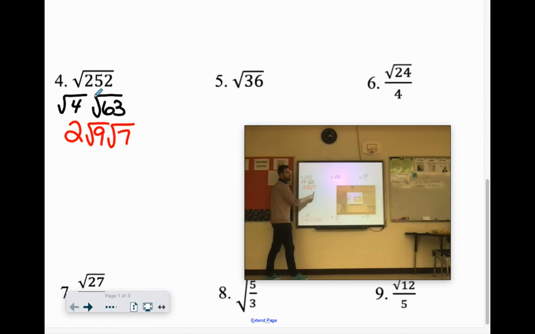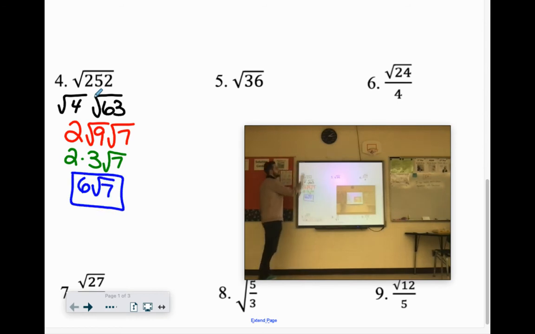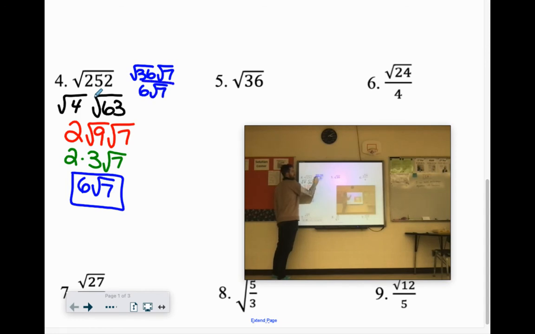Instead of writing 2 root 63 and then breaking down the 63, the square root of 9 is 3. So 2 times 3 give us 6. So this would be 6 root 7. Which means that originally 36 went in there, and it's 36 times 7, which if you can recognize that, which I didn't, then you can go straight to 6 root 7 a little bit quicker.